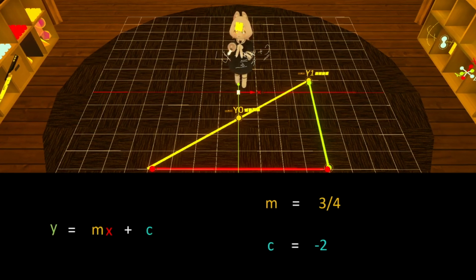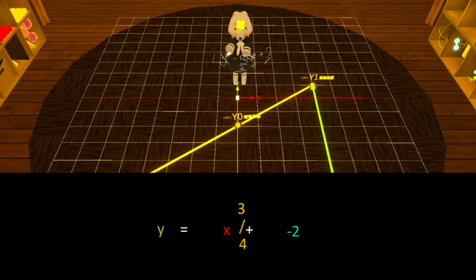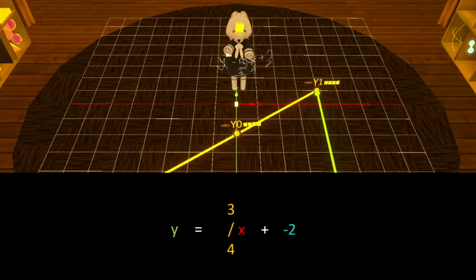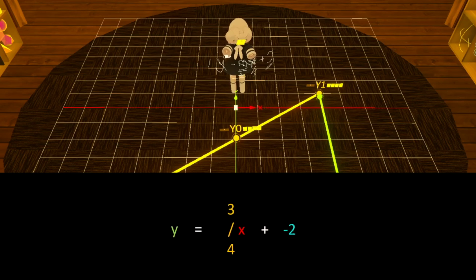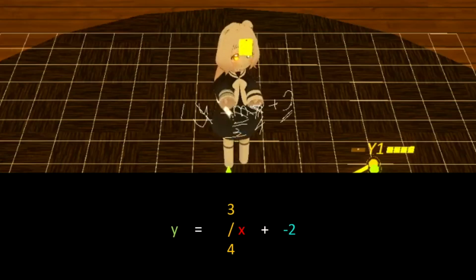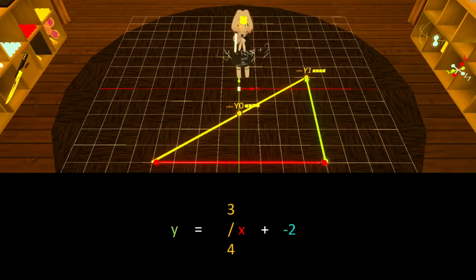And with that, we know our straight line is y equals 3/4x plus 2. Wait, no, it should be -2. Oh boy, my brain's not braining. Okay, so I made a mistake. If you do the algebra in this case, c will be -2.